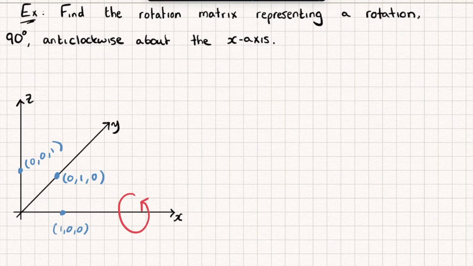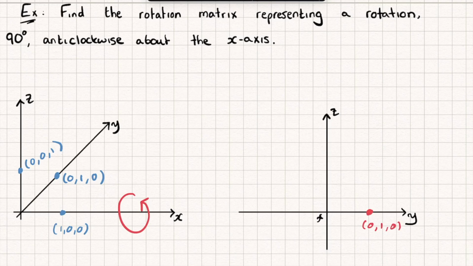Like in the animation I just showed, I'm going to imagine I'm looking straight down the x-axis, and I could draw what that would look like. I'd have my y-axis here, my z-axis, and then my x-axis you could imagine would be coming straight towards me. So let's see what happens to the points 0, 1, 0 and 0, 0, 1 under this rotation.